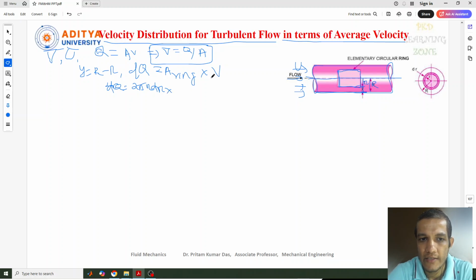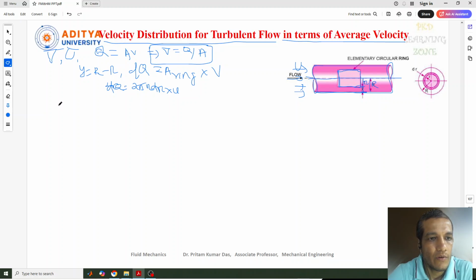Here you can consider v or u. Let's take u, because in the previous videos and derivations we have used the u term. This is dq, because it is a small quantity.